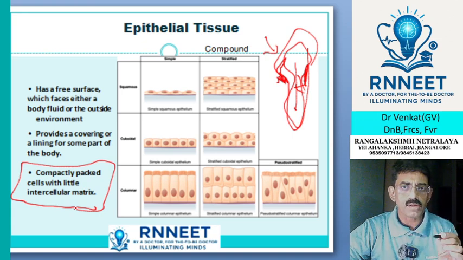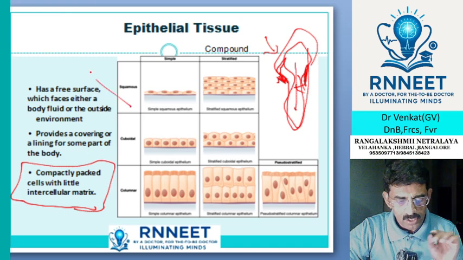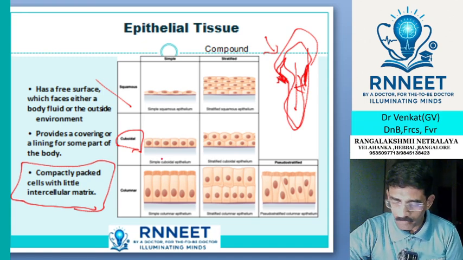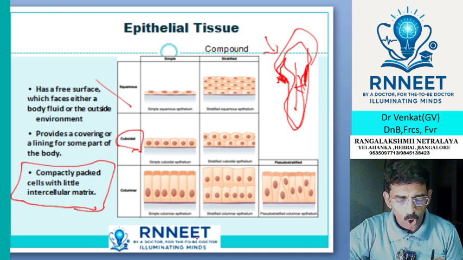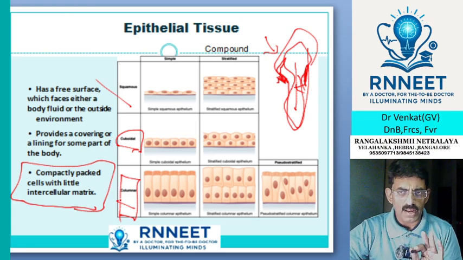And if you look at the different cells, the cells can be either squamous, a single layer. If it is a little bigger, then they are cube-like. This is cuboidal. Or they could be long, big column-like, so they are called columnar cells. So basically three types: squamous, cuboidal, and columnar.